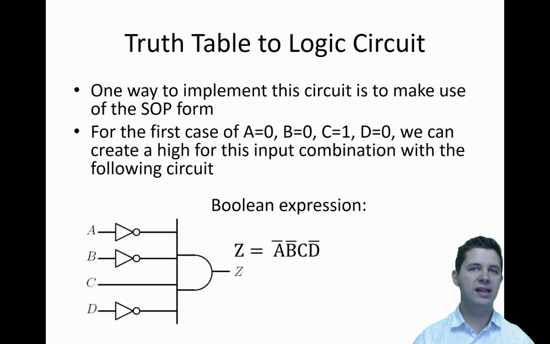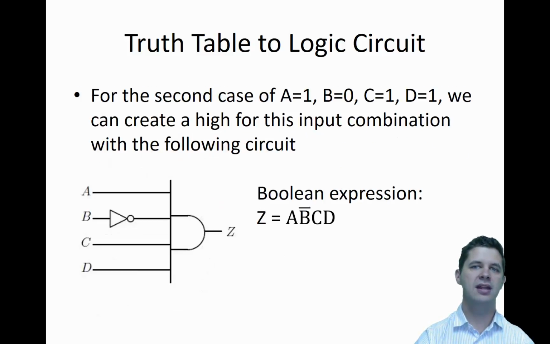Now we can very quickly create a Boolean expression and a circuit that corresponds to each of those. For our first one, the Boolean expression is Z equals A bar, B bar, C, and D bar, and we have our relevant circuit for that. And for the other one, Z equals A, B bar, C, and D, and a relevant circuit for that.